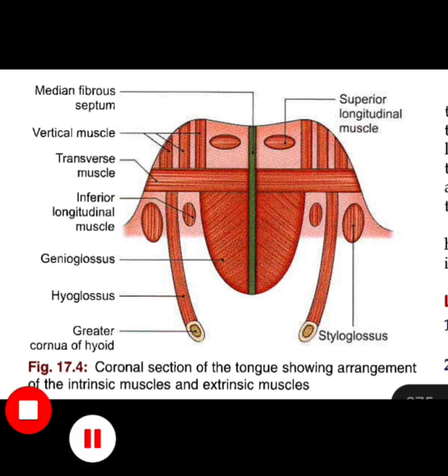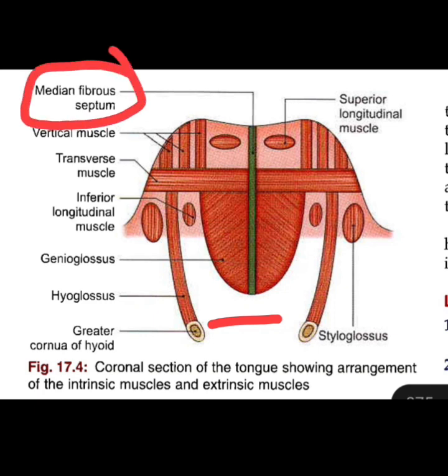Okay, so you can see here, this is the median fibrous septum. This median fibrous septum divides the tongue into two halves, right half and left half. Each half contains 4 intrinsic muscles and 4 extrinsic muscles.